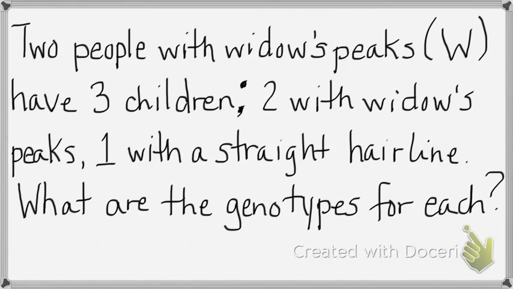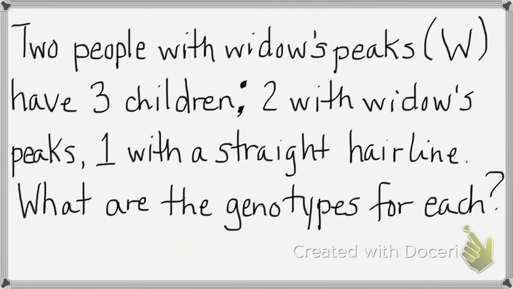Okay, so just for fun, I thought we would do this. This is not on your review sheet. Two people with widow's peaks, and widow's peak is dominant, have 3 children. Two of their children have widow's peaks, and 1 of their children has a straight hairline. What are the genotypes for each? Everybody look at the problem.